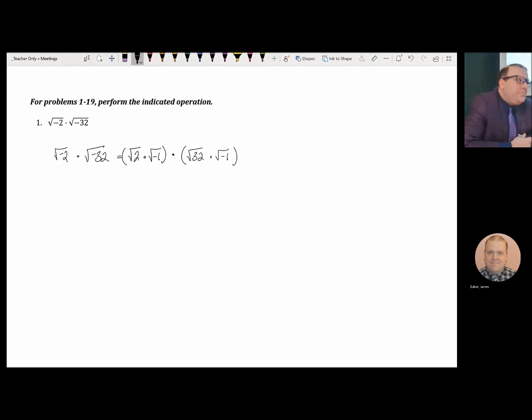Split it up. So 32 is 2 times 16, right? So I can actually rewrite that as 4 root 2.